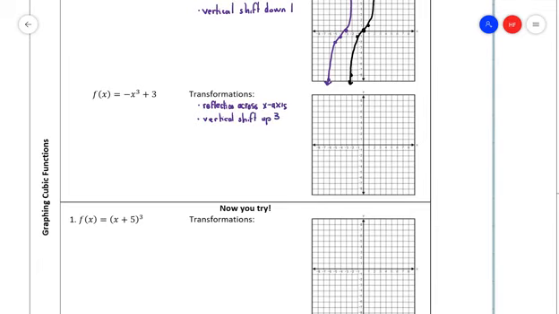So again, I'm going to graph the parent function here. Take each of those points and apply those transformations. So we're going to reflect each point across the x-axis and then move it up 3.